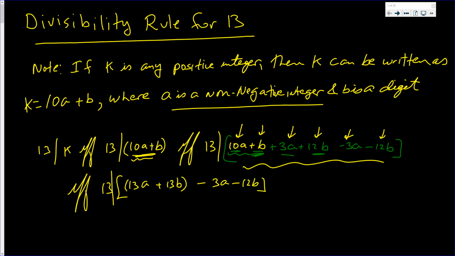Okay, 13 divides that if and only if 13 divides another way of writing that. Well, I want to write that as 13 times a plus b, minus, I can factor out a 3a, I can factor out a negative 3, and then I get a plus 4b.